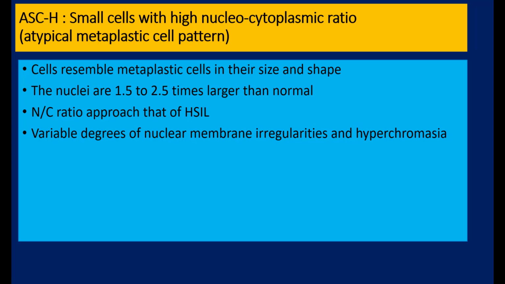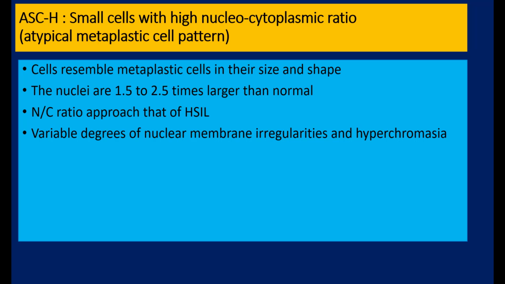The nucleo-cytoplasmic ratio approaches that of HSIL but doesn't reach that of HSIL, which is a little bit difficult to comprehend because all cases of HSIL do not show a very high NC ratio. We are going to see that a little bit later.